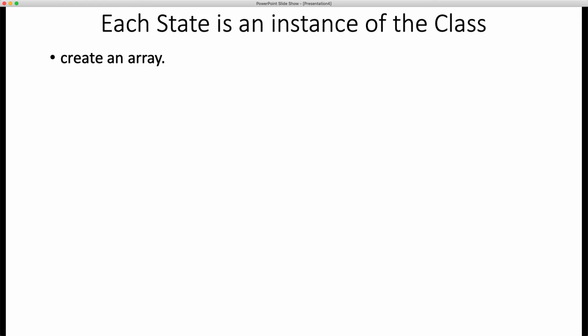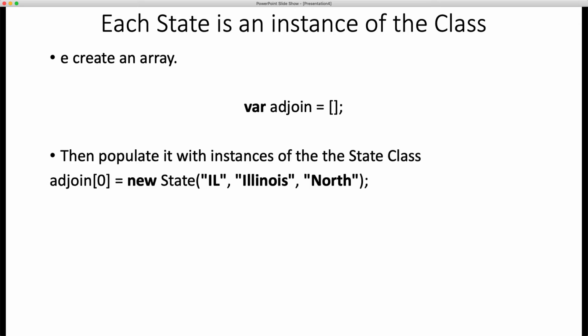Okay. So if we had an array of objects of class state, we could keep up with all 7. And one thing to remember about arrays in JavaScript, they start with 0, which may or may not ruin your day. To get an array, we declare a variable, and I'm going to call mine adjoin, and we set it equal to a square brace.